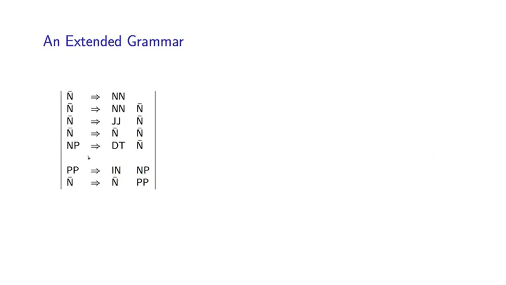So let's go a little bit further with these rules and see how we can use them. Again, we can create a prepositional phrase from an IN followed by an NP. So the NP could, for example, be the car.